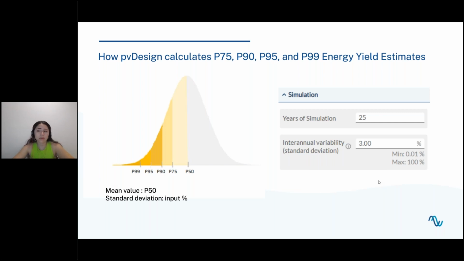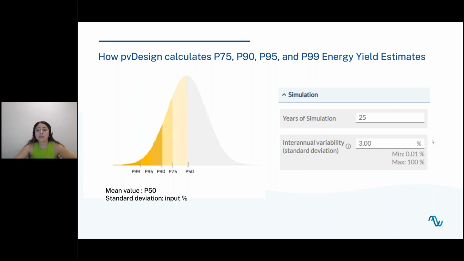Our model in pvDesign will calculate your energy yield using the TMY file that you input when you input your meteo data file. This TMY should be considered as an average and thus corresponding to the P50. TMY corresponds to typical meteorological year. It's a set of representative values of any given meteorological parameter for any given location.